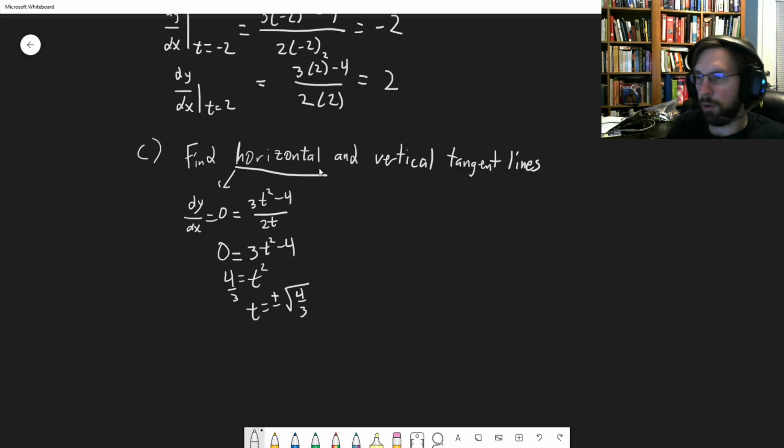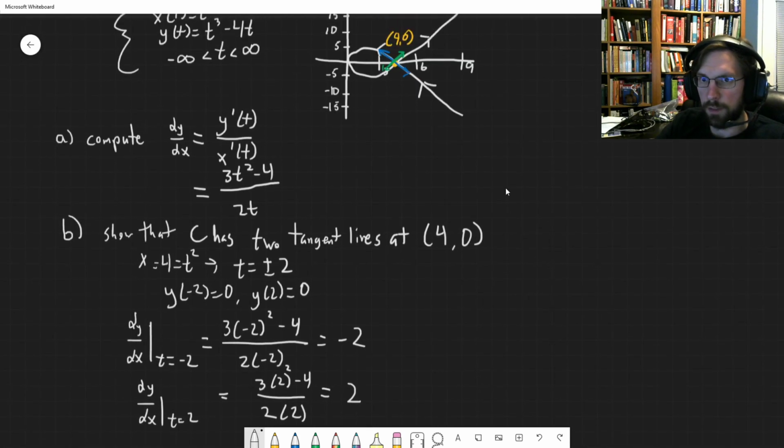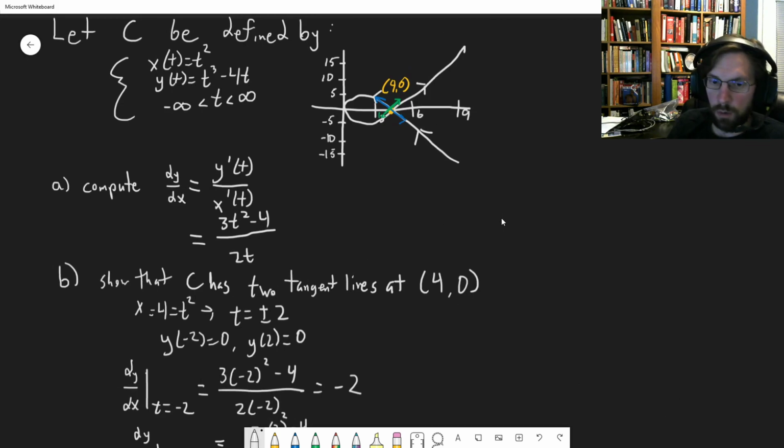And if we go back to our picture, we see we have two horizontal tangent lines. We have a horizontal tangent line here, and we have a horizontal tangent line more or less there. Again, not drawn perfectly, but you get the idea.